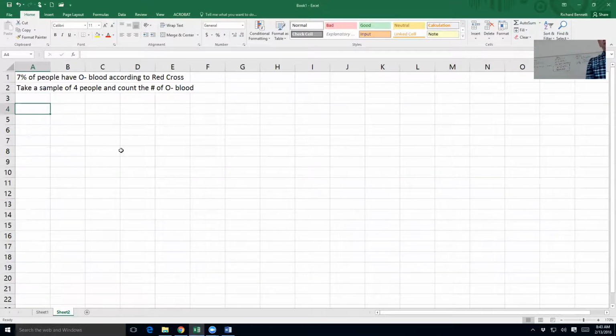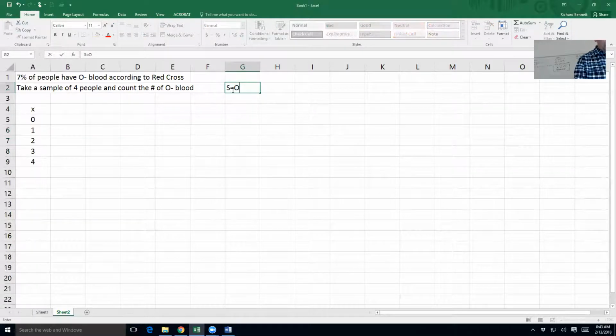All right, so what's my sample space? How many people out of 4 can have O negative blood? 0, 1, 2, 3, 4, right? Okay, so we can think of this as a binomial probability where I'm going to call success equals O negative. Okay?